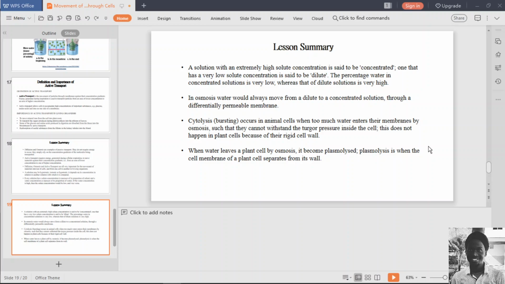Okay, so plant cells undergo plasmolysis when they are placed in a hypertonic solution. Okay, animal cells undergo cytolysis when they are placed in a hypotonic or extremely hypotonic solution, right?